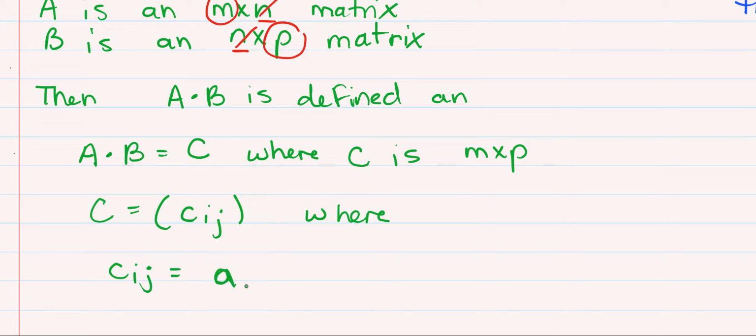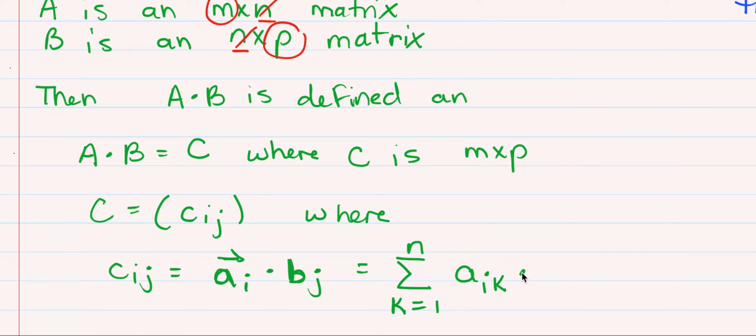the row Ai times the column Bj, which is equal to the sum, actually this should be the sum k is 1 to n of Aik times Bkj.